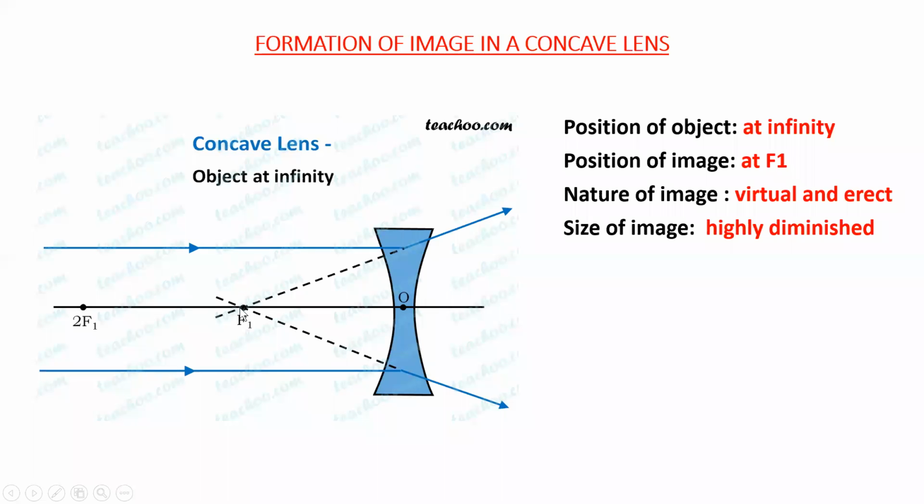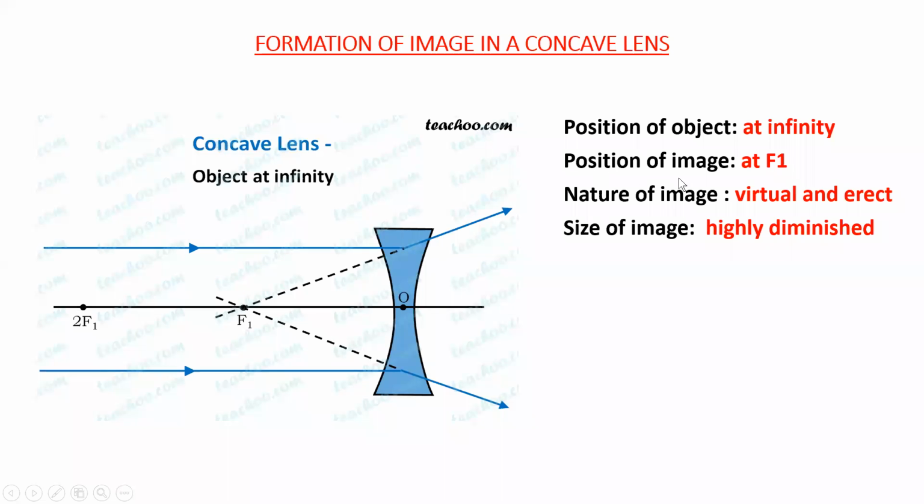They appear to originate from a point on the principal axis, which is called as secondary focus of a concave lens. Here F1 is the secondary focus of a concave lens. So here they do not actually meet. यहाँ पर appear करा रहे हैं, so that they diverge from it.